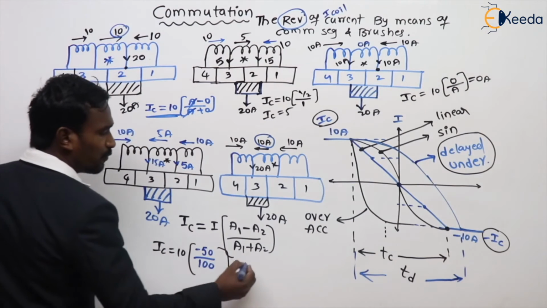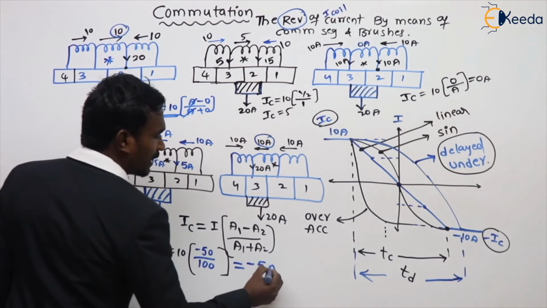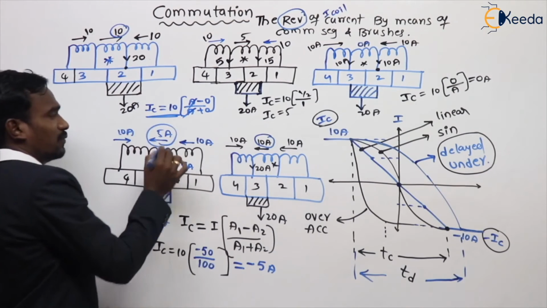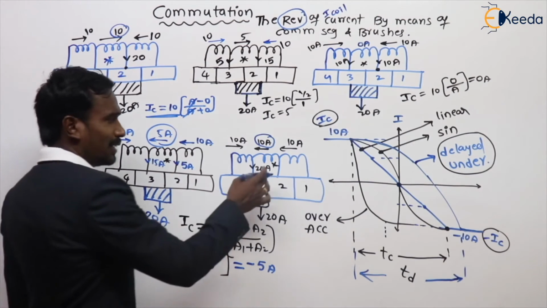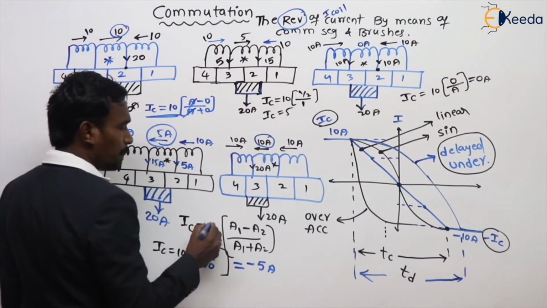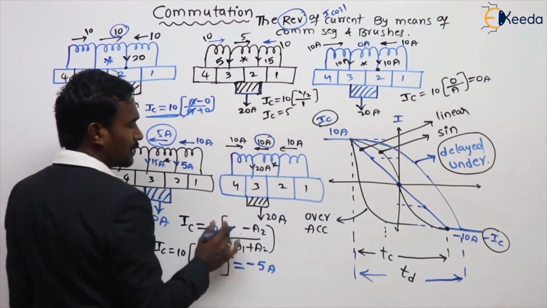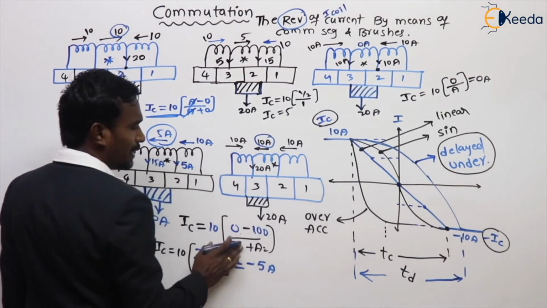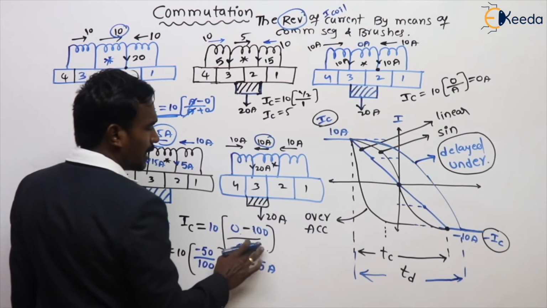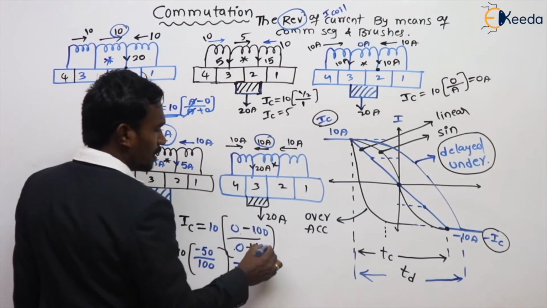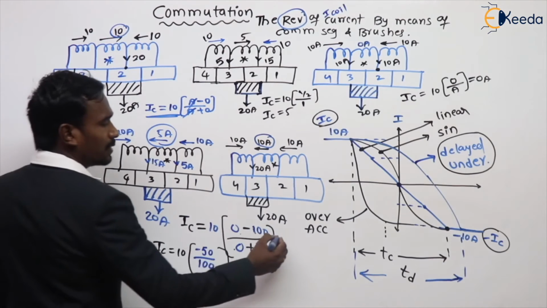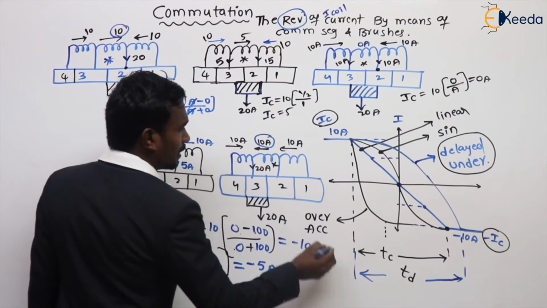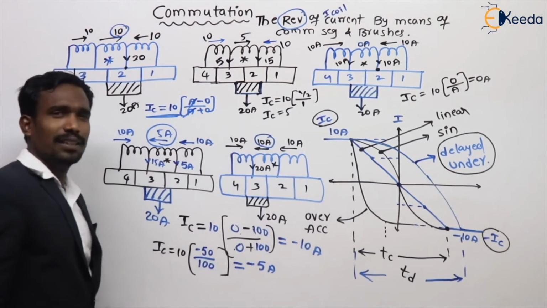Minus 1 by 2 of 10 is minus 5 amperes, 5 amperes in the negative direction. And in this case, area of the first one is 0, area of the second one is 100%. That is minus 1 into 10, minus 10 amperes, 10 amperes in the negative direction.